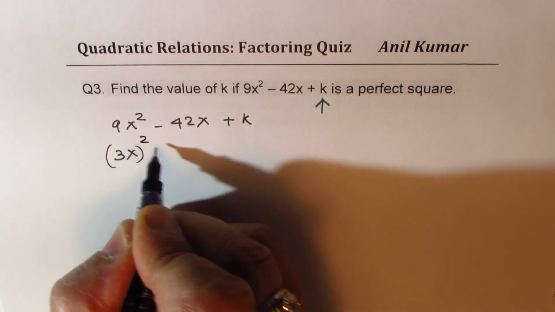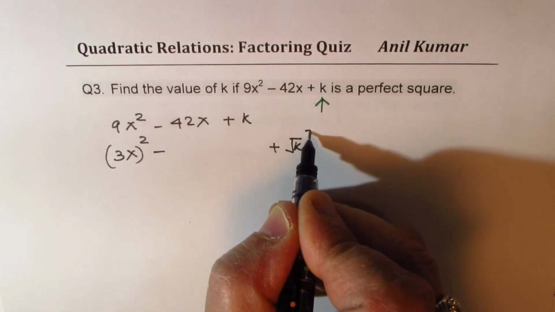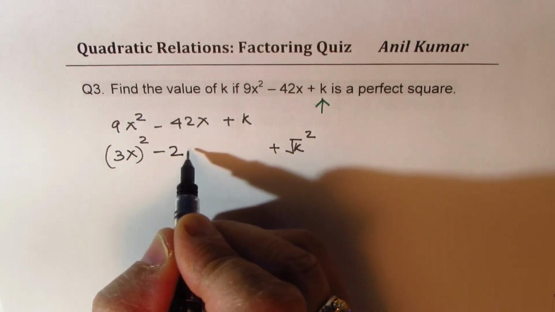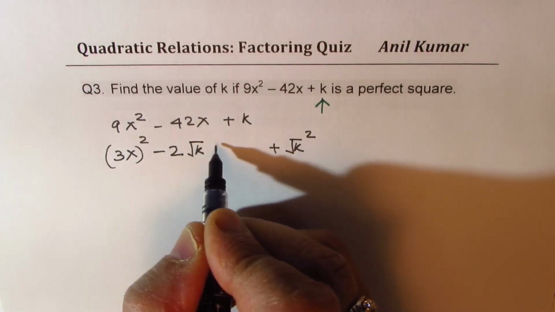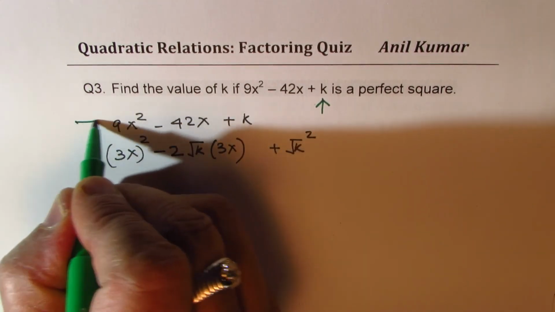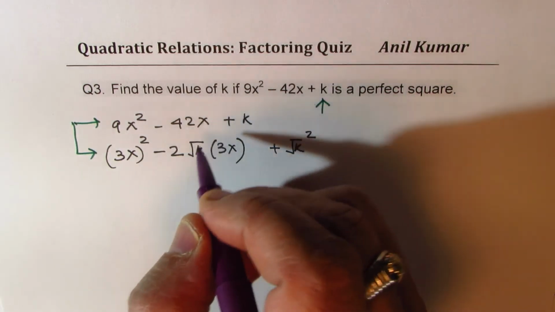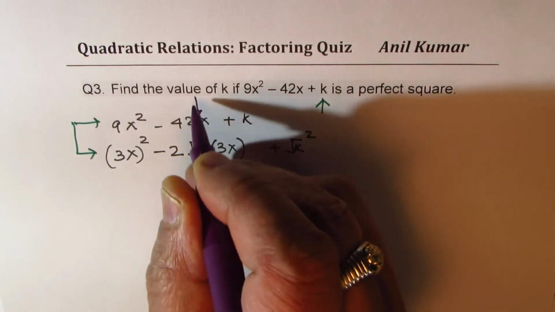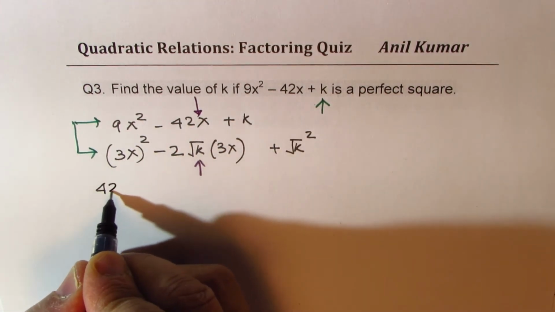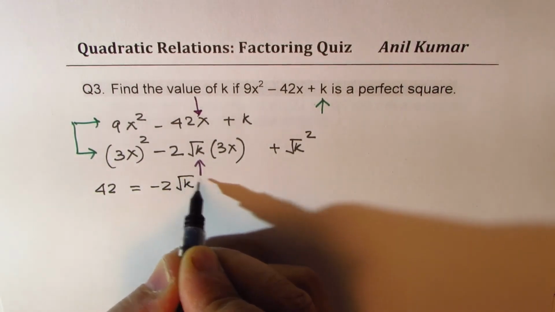So we could write this as 3 squared, and k could be written as square root of k whole squared. So the center term should be 2 times square root of k times 3x. So if you compare now these two expressions, then you can find the value of k by comparing these. So what you get here is that 42 should be equal to minus 2 square root k times 3, right?